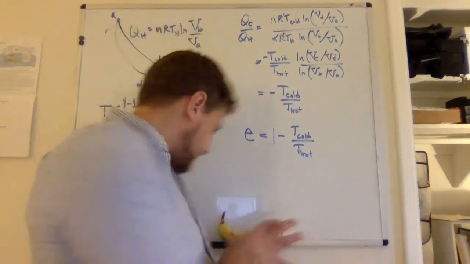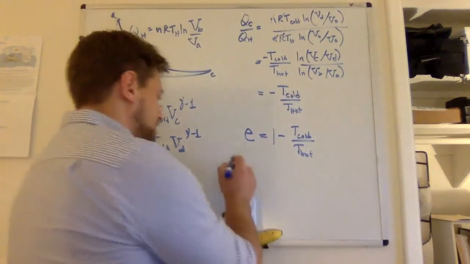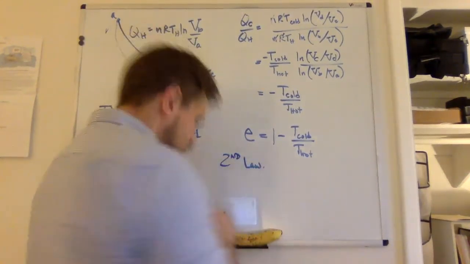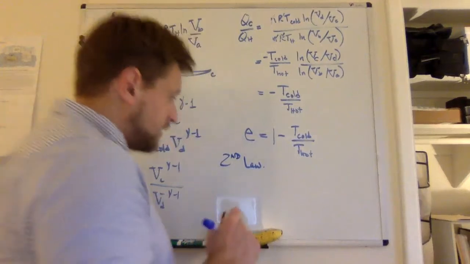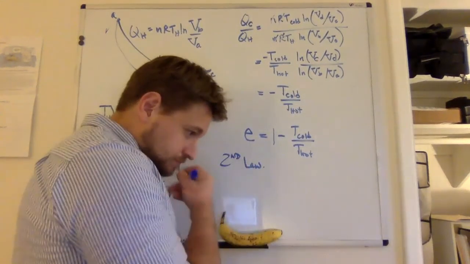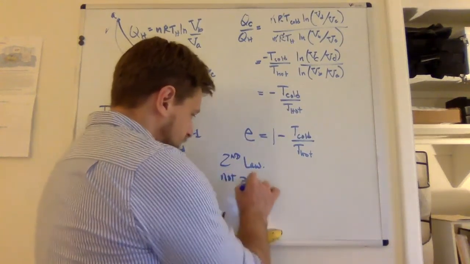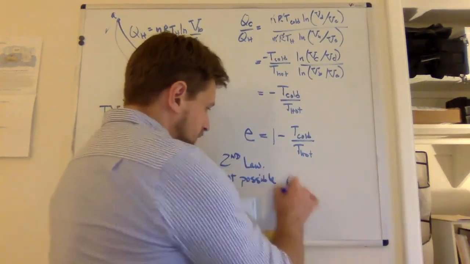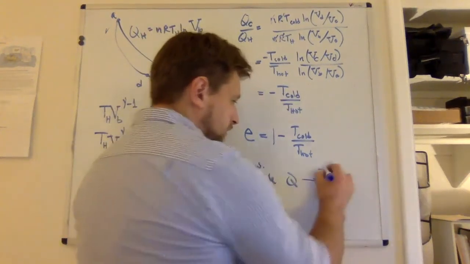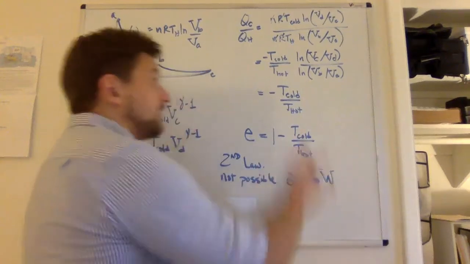The second law of thermodynamics says that it is not possible to convert a heat transfer entirely into work without any losses. There must be some QC.